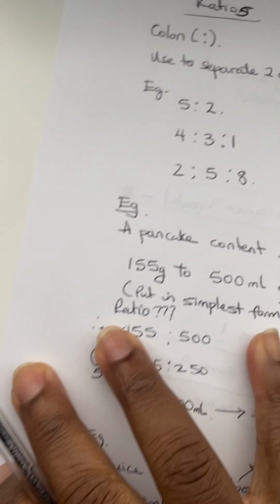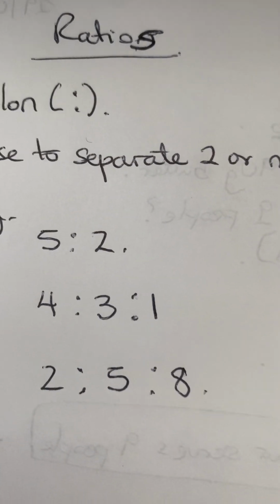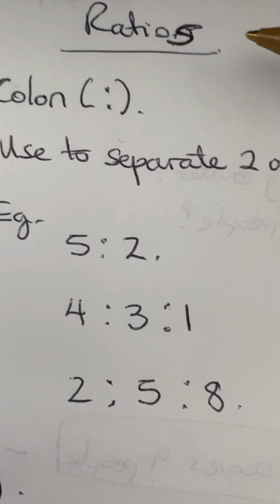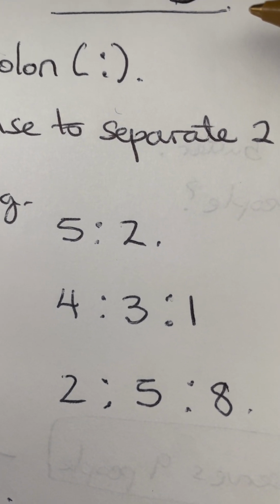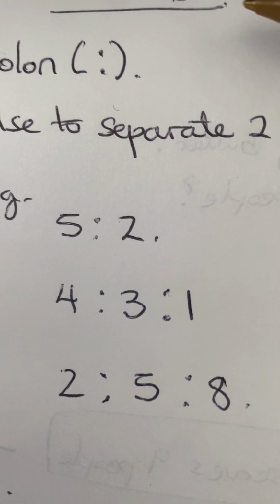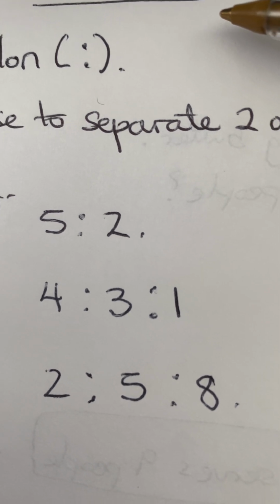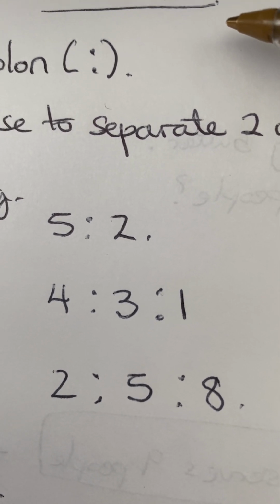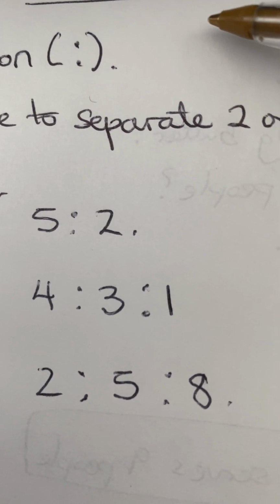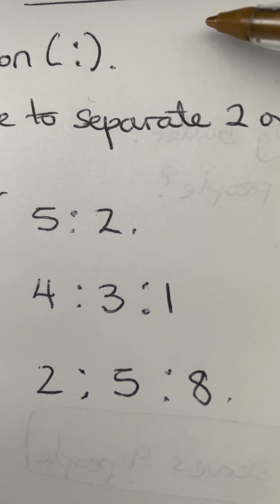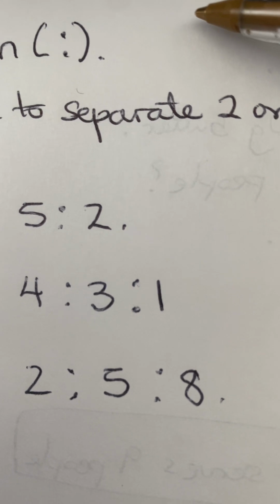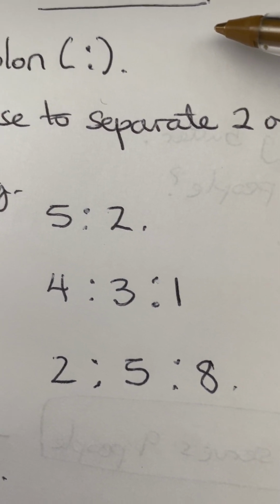Now let's quickly look at ratio. Ratio is a very good topic. I'd like to ask you, what is the ratio of men to women in a group? Or what is the ratio of girls to boys in a classroom?